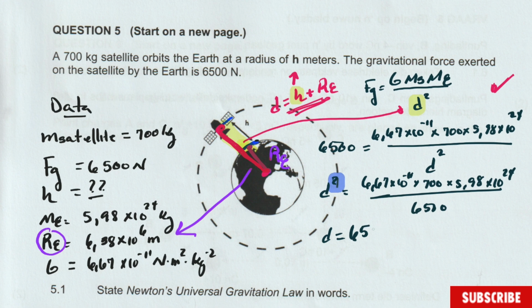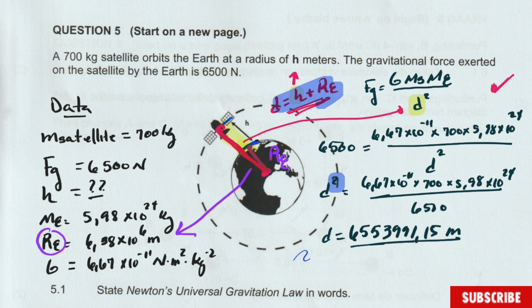Let me write it. I'm writing from the calculator. 553,991,15 meters. Remember, this distance is not the one they want. They want h, and you know from the part on top that we just spoke about that h will be the distance minus the radius of the Earth.